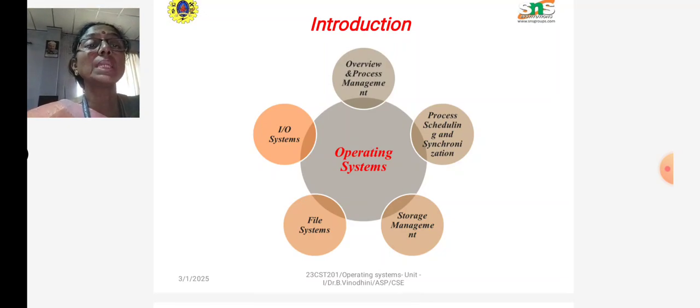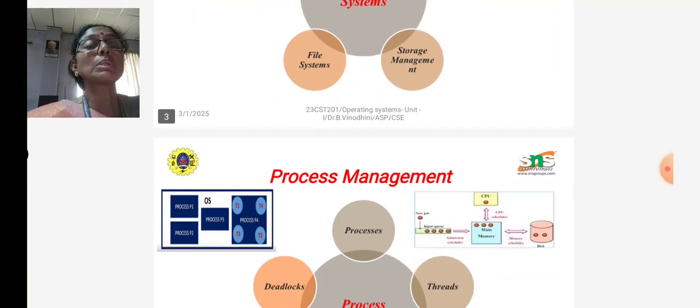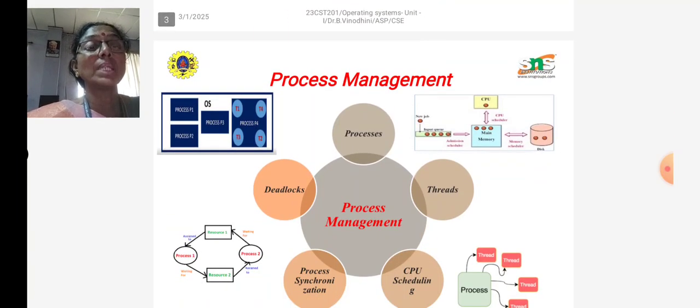These are all the main activities of an operating system, and process management is one of them. In process management the main activities are the creation of processes and threads, CPU scheduling for the given processes, process synchronization and deadlock. These are all the major topics covered in process management.